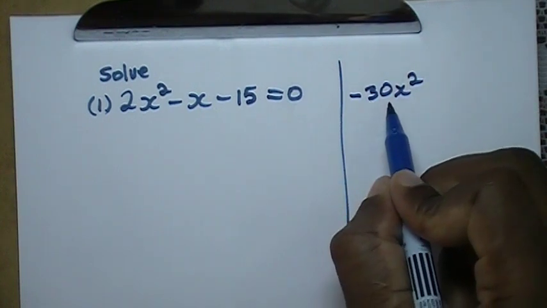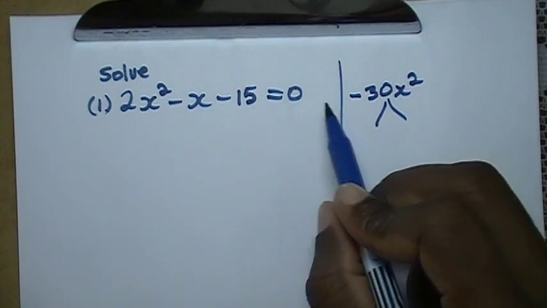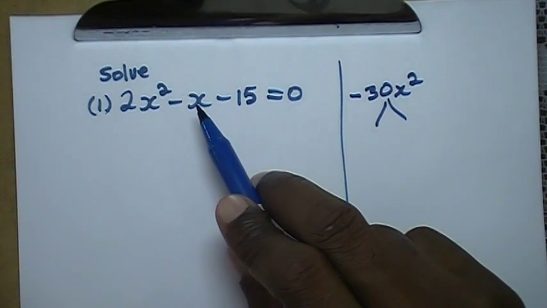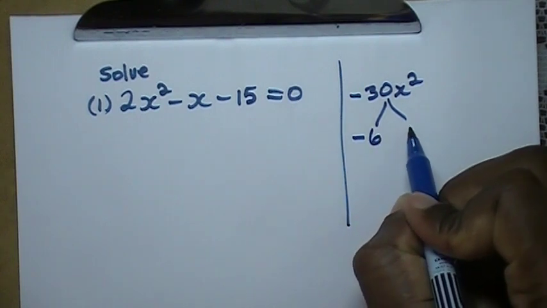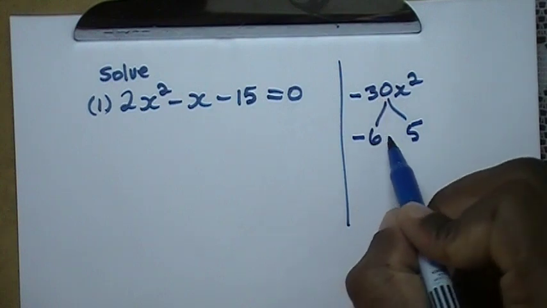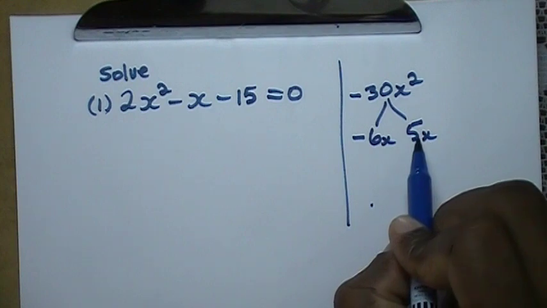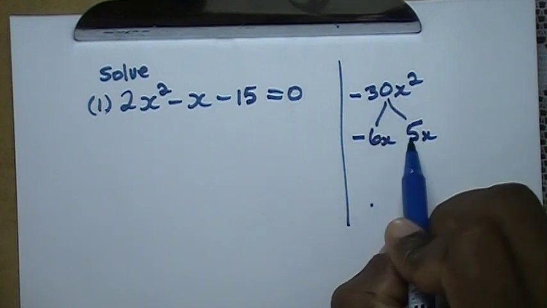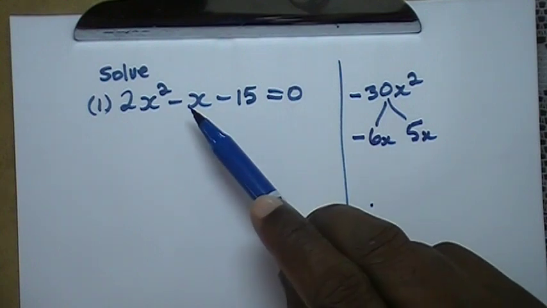The two factors that will give us negative 30x squared when multiplied, and negative 1 as a sum, will be negative 6 and positive 5, since 5 and 6 will give us 30. If we look at negative 6x and positive 5x, when you multiply them, you get negative 30x squared. When you add them, you get negative 1x, which is the middle term.